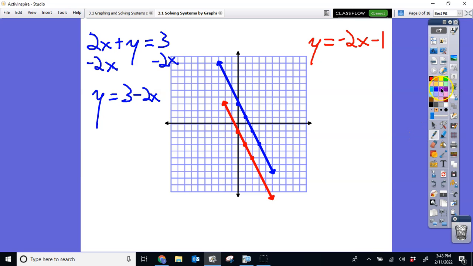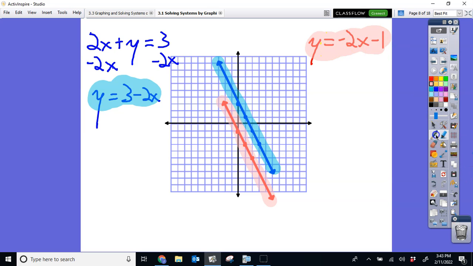What does that mean, Mr. Harrison? They don't touch each other. You're right. So think about it. Would there be a solution that works for all of the equations? Now, don't get me wrong. If you look at the blue line here, every point on this blue line is a solution to this equation right here. Every point on the red line is a solution to this equation right here.